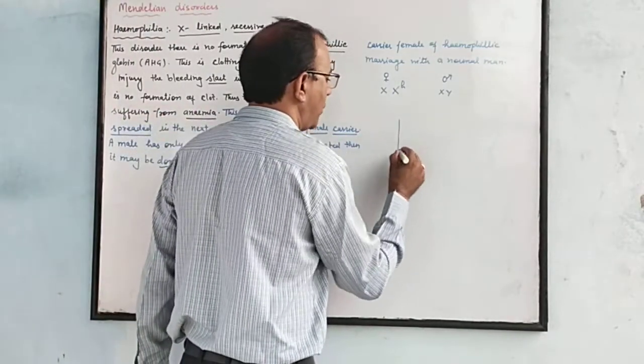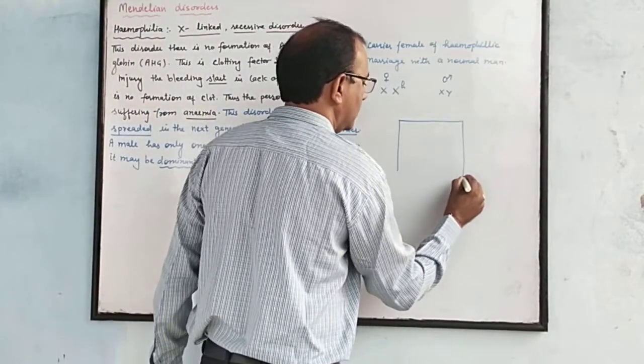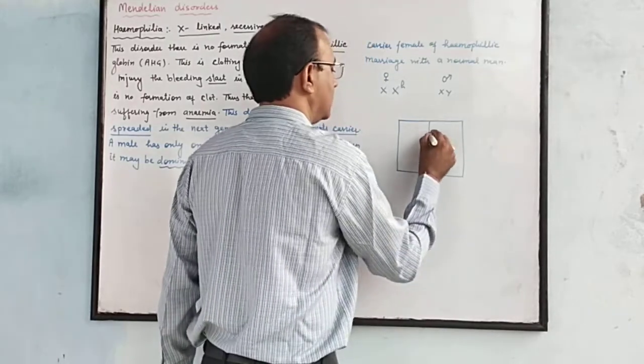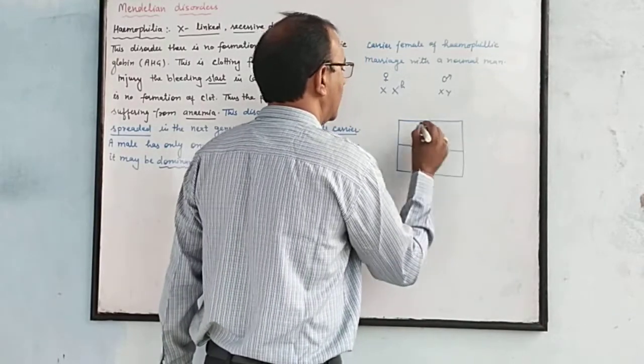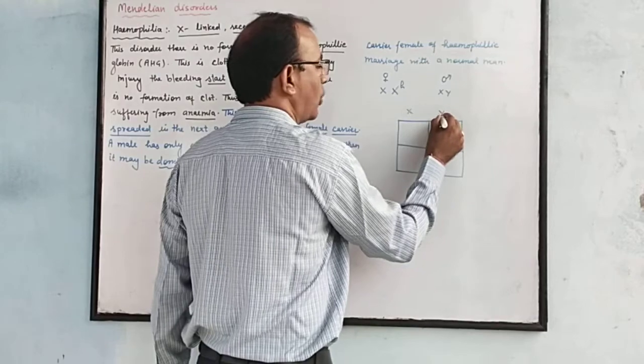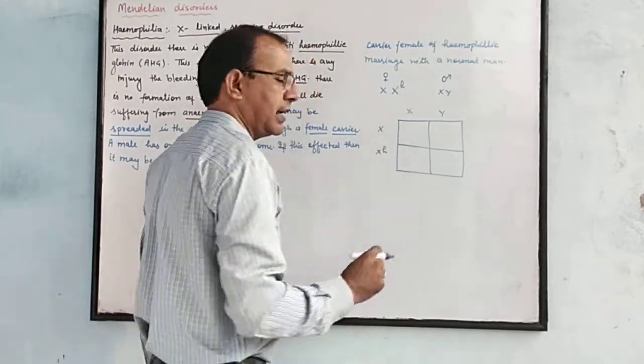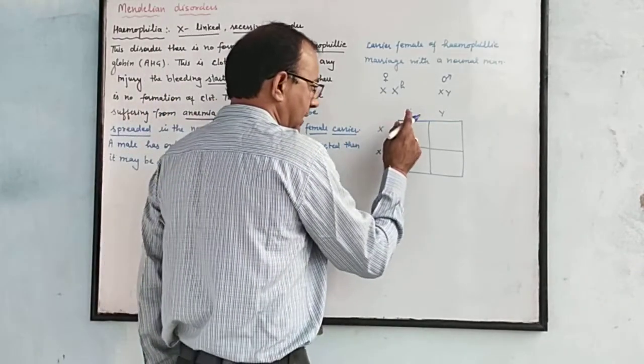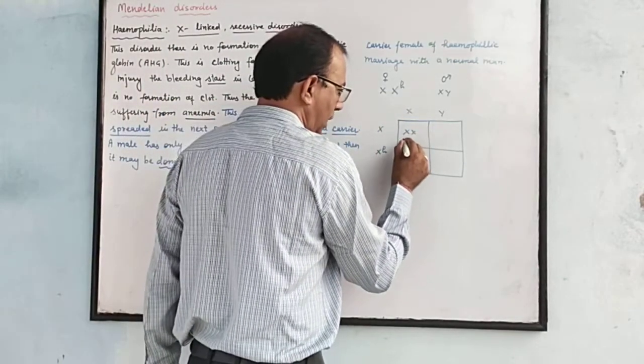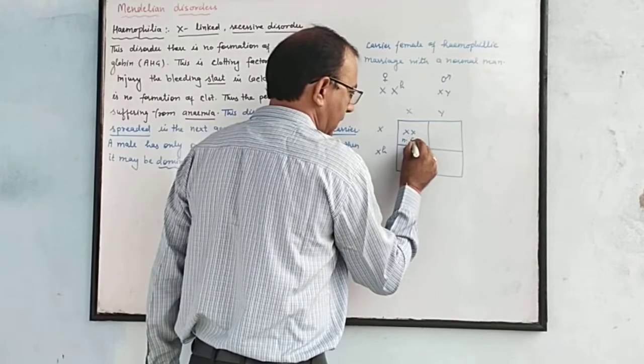We will draw a Punnett square. The man is X and Y, normal, whereas the female is X and XH, a carrier. X and X gives XX, a normal female.